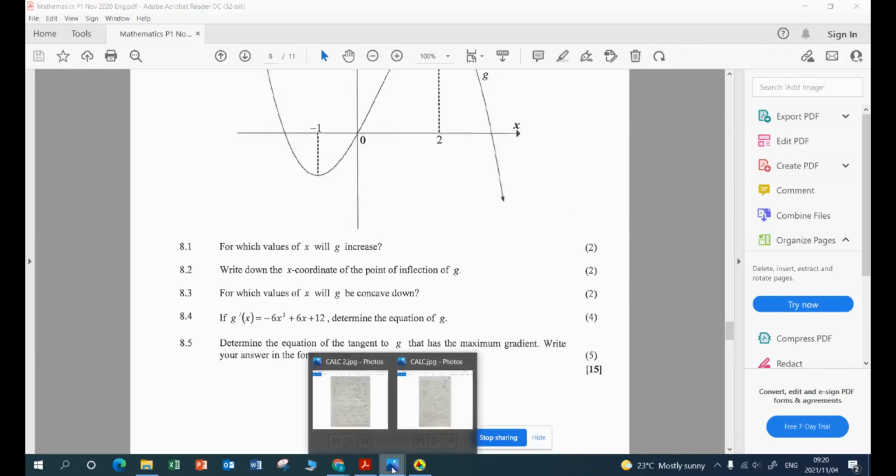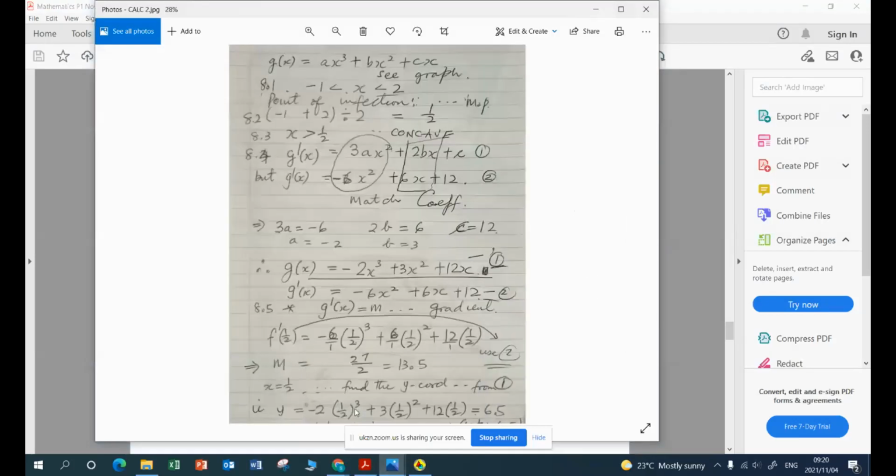where x is half. Now, when x is half, we can find the y coordinate, because every point on the curve or on the Cartesian plane must have an x and y coordinate.